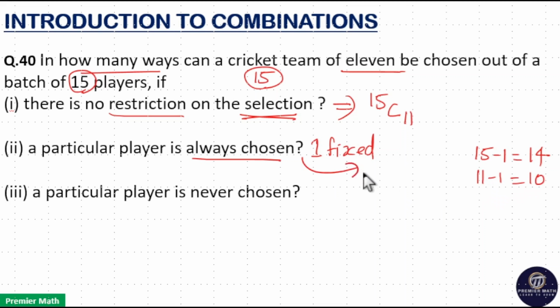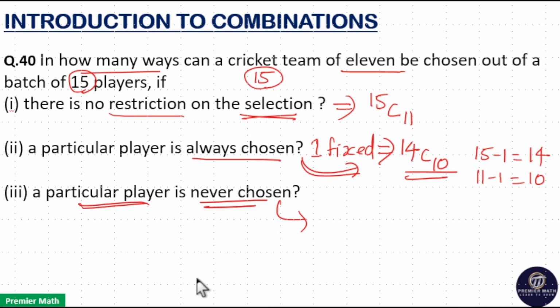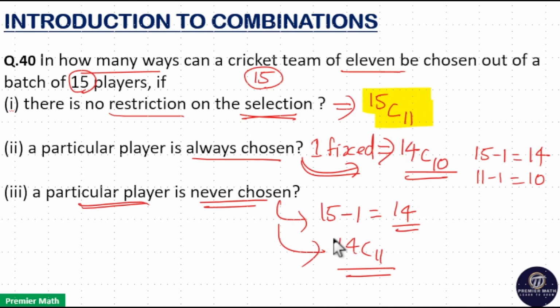So our selection is, out of this 14, we should choose 10. 14C10. Now, a particular player is never chosen means from this 15, we restrict 1. So available persons are 14. And we can choose 11 players from this 14 in 14C11 ways. So calculate 15C11, 14C10 and 14C11.